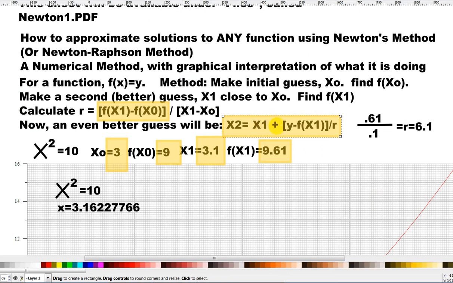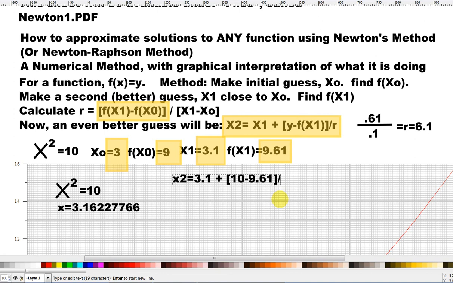We add something to it, and we add y minus f of x1 divided by r. Well, let's do that, and let's see what we actually get. So x2 equals 3.1, that's our slightly better guess, plus, what's this adjustment? Y, well, that's 10, minus f of x1, our slightly better approximate answer, 9.61.